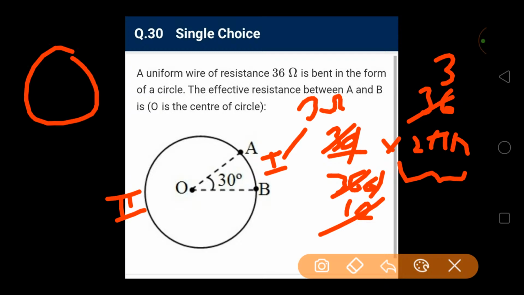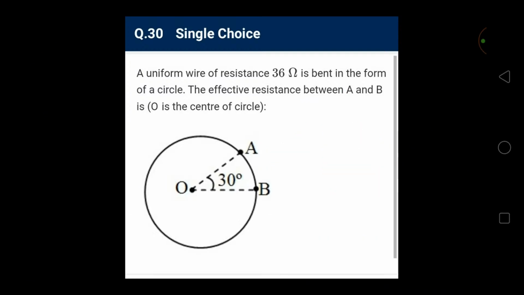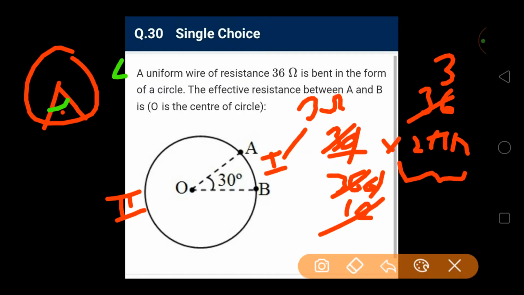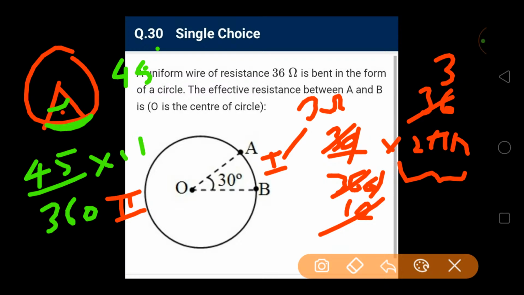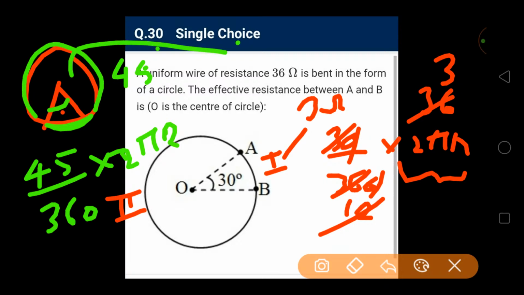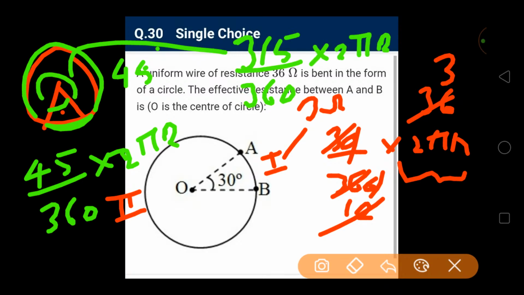For a part, always remember, assume this angle to be 45 degree. And what is this length? 45 by 360 into 2 pi R. Suppose this length they are asking is the outer length. 315 by 360 into 2 pi R, because this angle you have to see, it is 315.